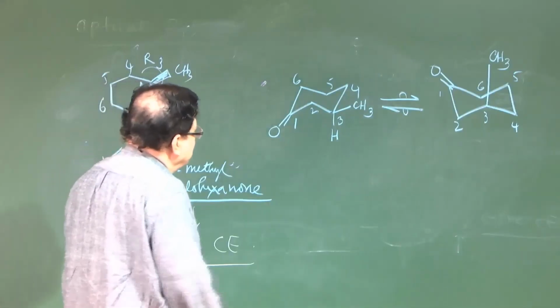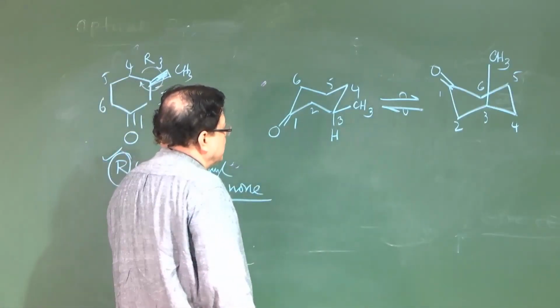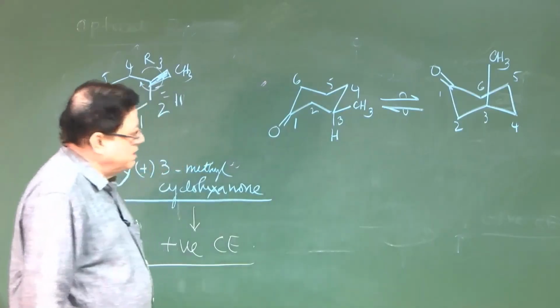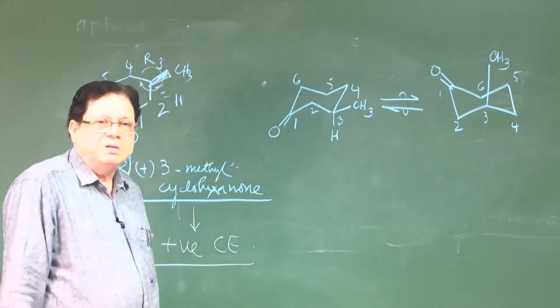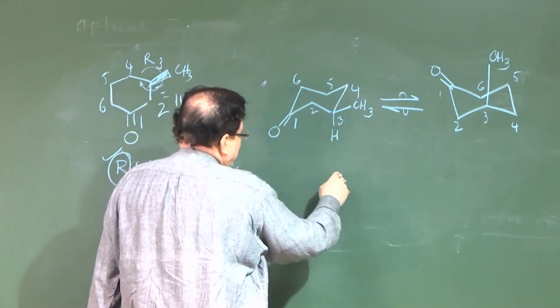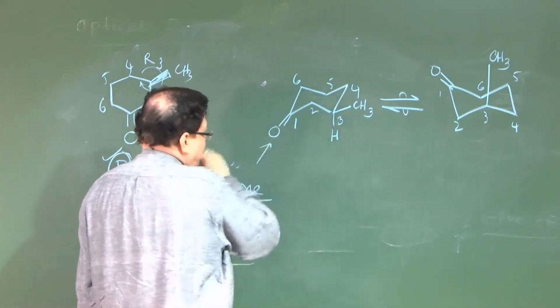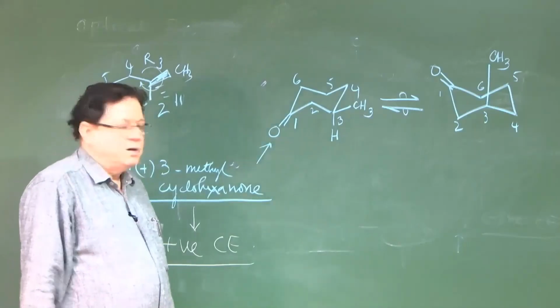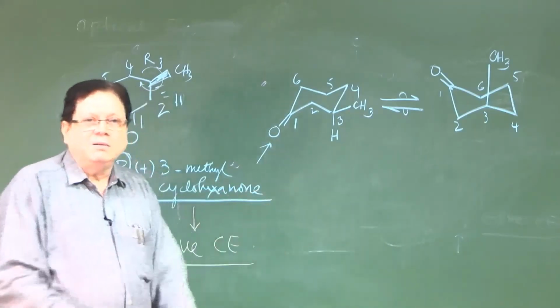The projection of this cyclohexanone system on the rear octants. This projection will take place at the rear octant. So, let us see. Now, you have to look through this, because you have to place the carbonyl in that plane.